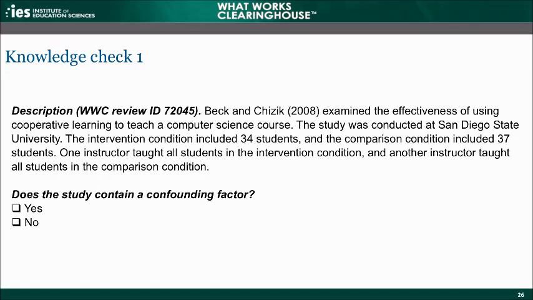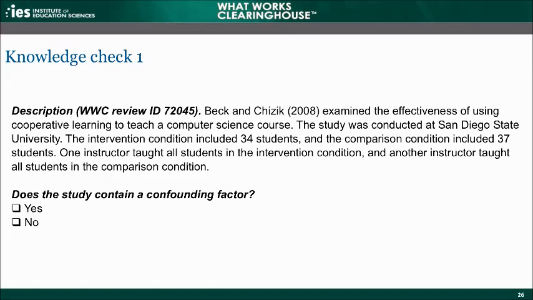As with the examples that Natalia showed you, the section of the study where we found the confound information will be shown to the right of the answer and the explanation in a highlighted box for your review, but we will not read it aloud. So let's begin with our first knowledge check and look at the description for this study, where Beck and Chizek in 2008 examined the effectiveness of using cooperative learning to teach a computer science course.